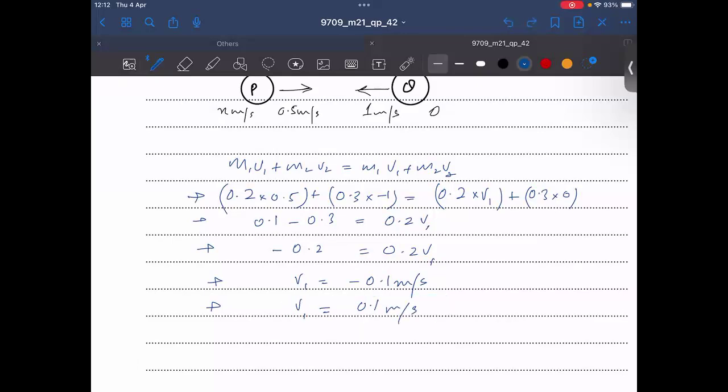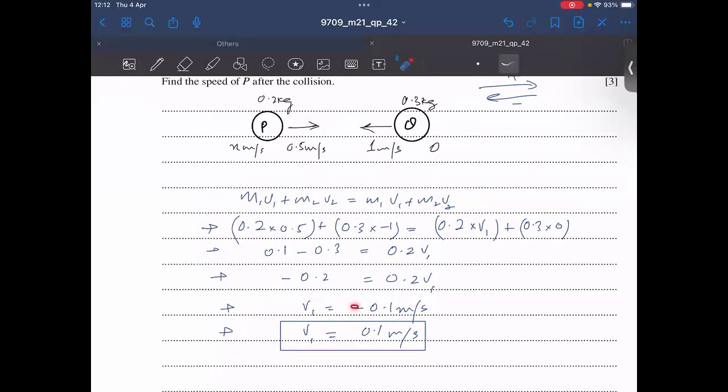Now there's one thing that you need to understand. Although we got V1 as minus 0.1 meter per second, what does the minus tell you? That after collision, the velocity of P is going to be towards left. That is, after collision with Q, P is going to be moving towards left.